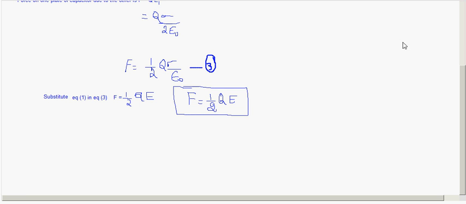So this half has come because the electric field of one plate due to the other plate is half of the resultant electric field E. If we see here, sigma by epsilon naught is the resultant field. So half is because we are considering the field of one plate due to the other.